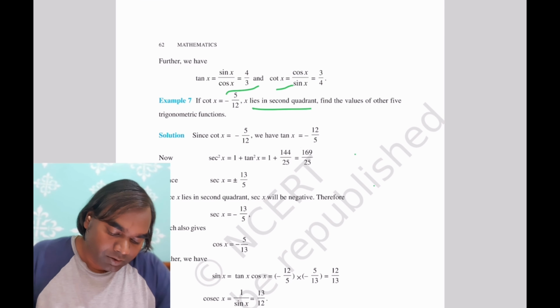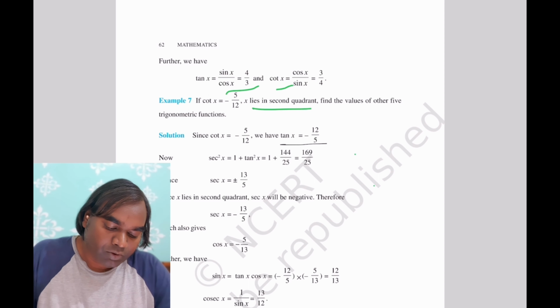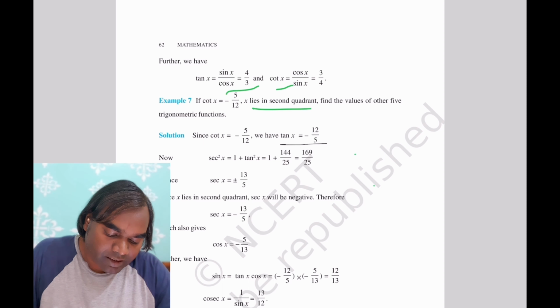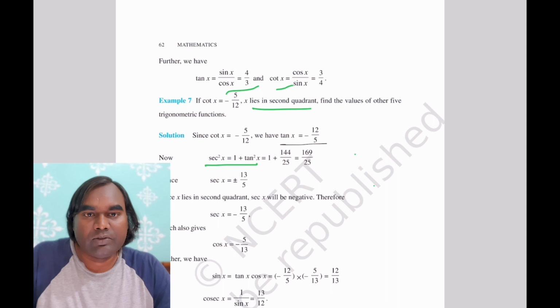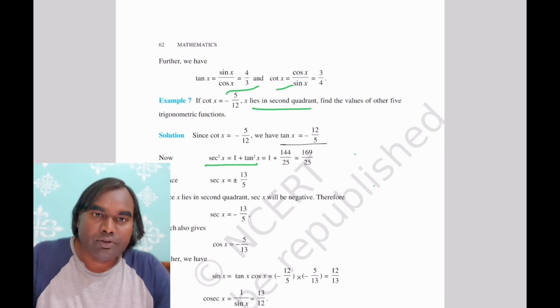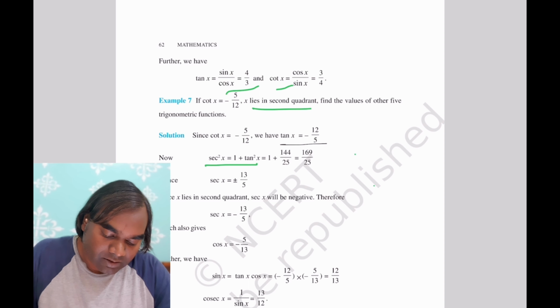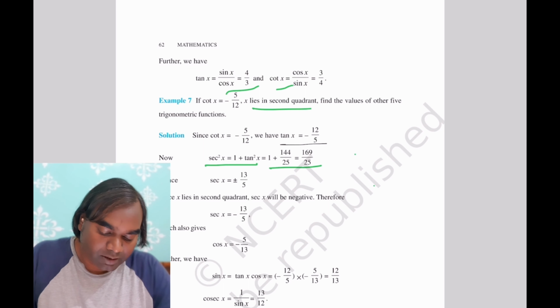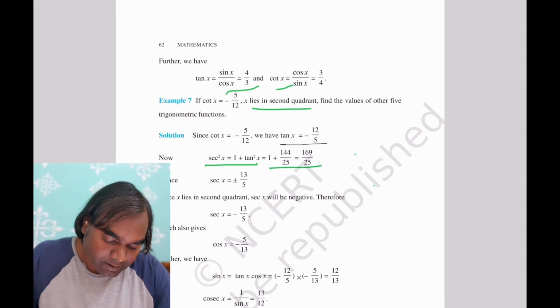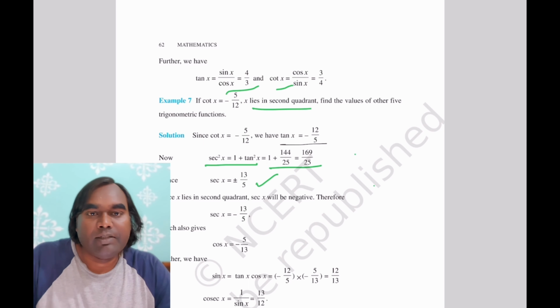So we can write tan x is equal to minus 12 by 5. Therefore, by the relation sec square x is equal to 1 plus tan square x, we can calculate sec square x by substituting the value of tan x. That is sec square x is equal to 1 plus 144 by 25. Therefore, sec x is equal to plus minus 13 by 5.